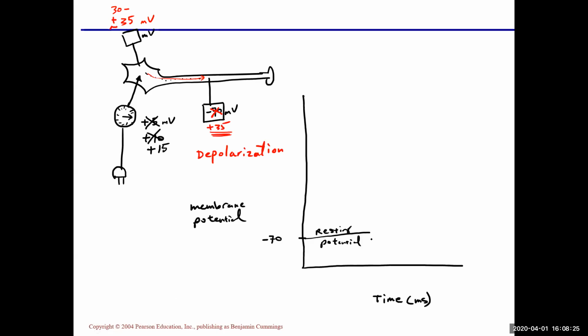Right over here, let me show you with a different color, we zap. This was our stimulus.